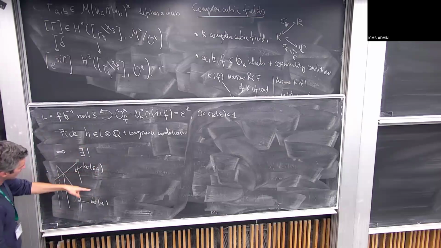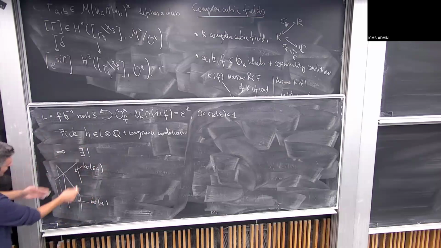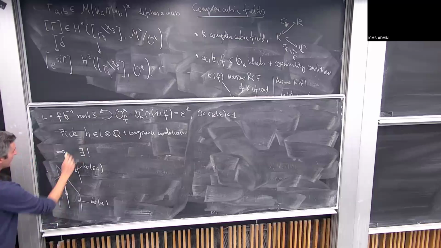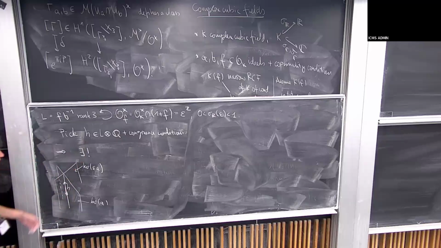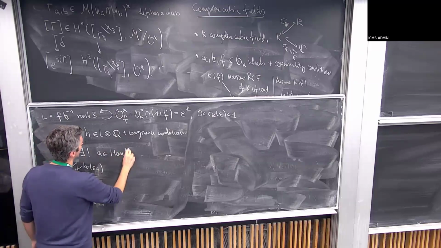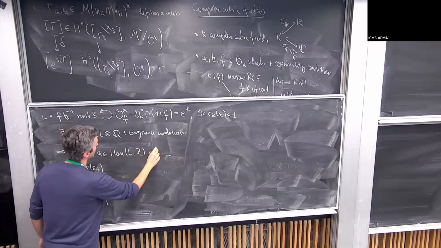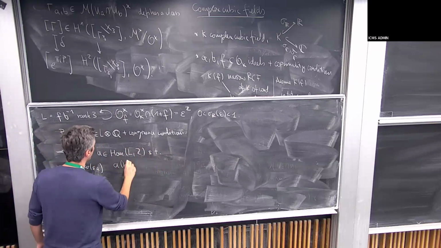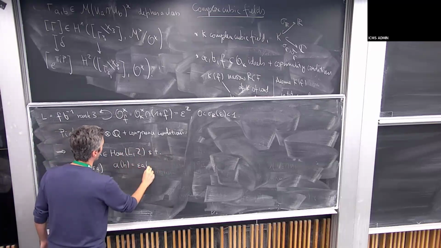And first of all, I want to choose A such that the intersection of these two planes is a line containing H. And it turns out that there is basically a unique way to find such an A. There exists a unique A such that A of H and epsilon A of H are 0.